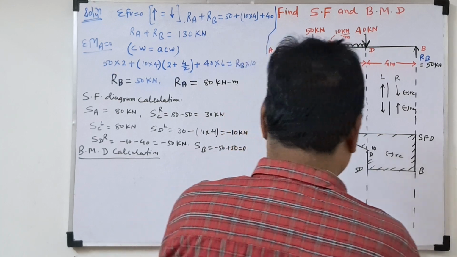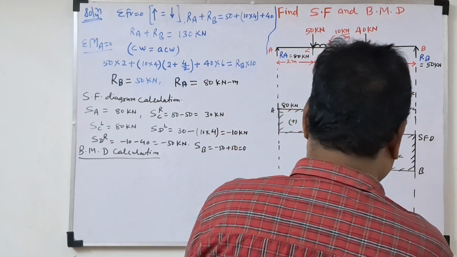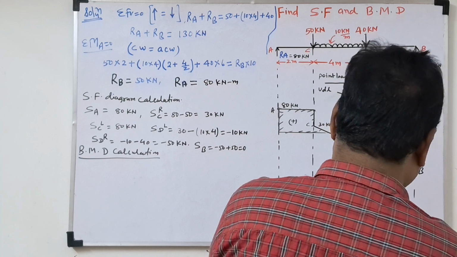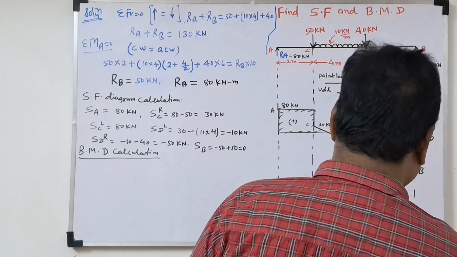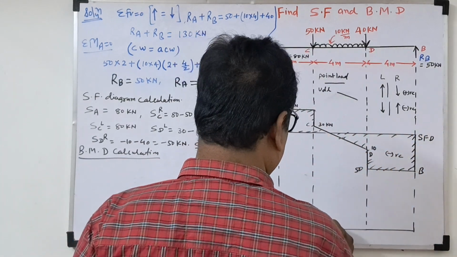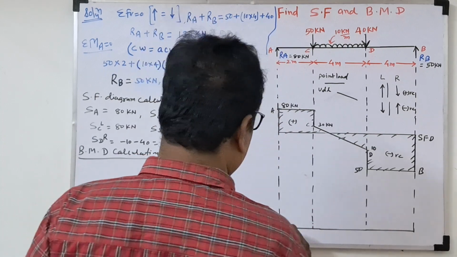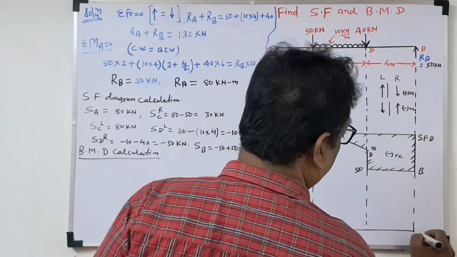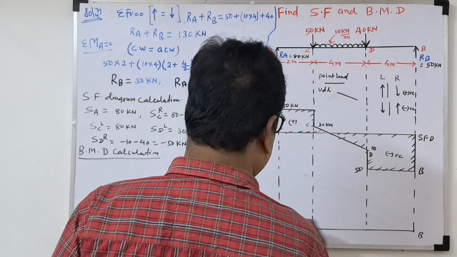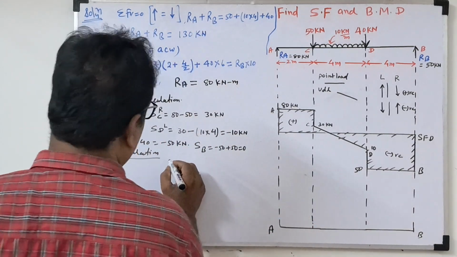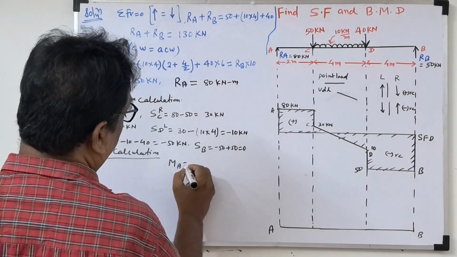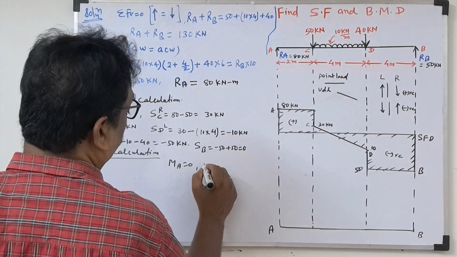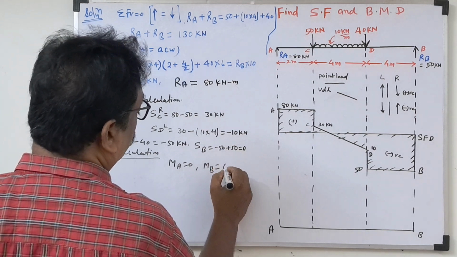This line is known as the bending moment 0 line. At this point, the bending moment will be 0. So you can write MA equal to 0 and also MB equal to 0.